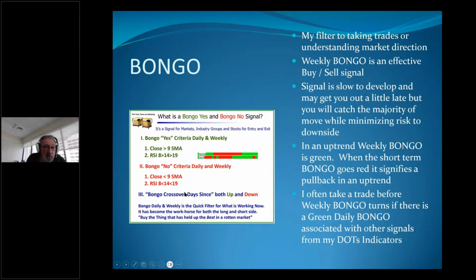Now, I follow the bongo as a filter on the weekly, but often, especially when something's coming off of a big sell-off, I may enter a stock even if the bongo on the weekly is red, but there needs to be a lot of other supporting evidence that I'll show you.